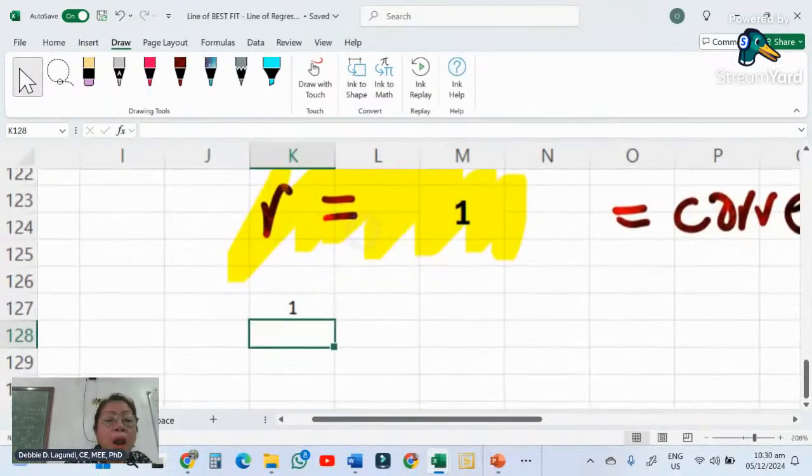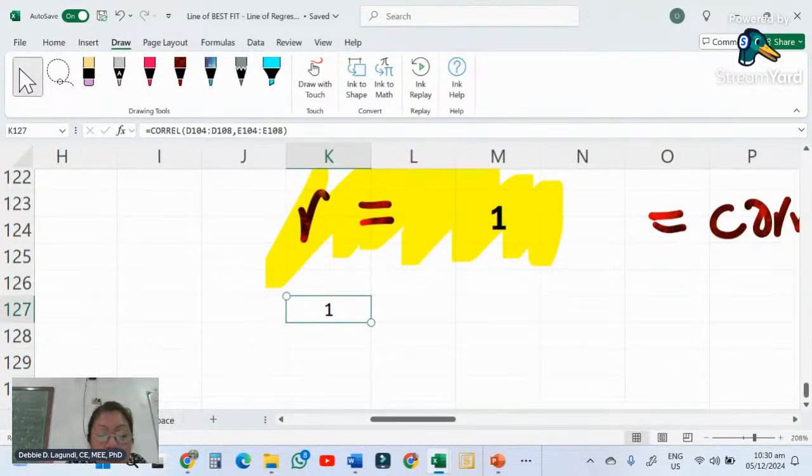Now you get 1 here. As you have seen a while ago, the graph is very straight, so it means it's a strong positive relationship between X and Y. What does it mean? That the number of hours that you spend studying will definitely give you a higher score in the exam, which is actually what we experience every time we take an examination.